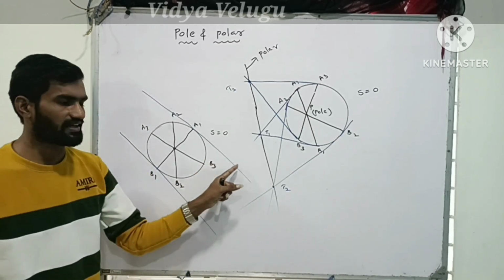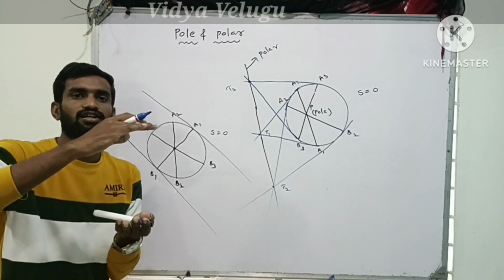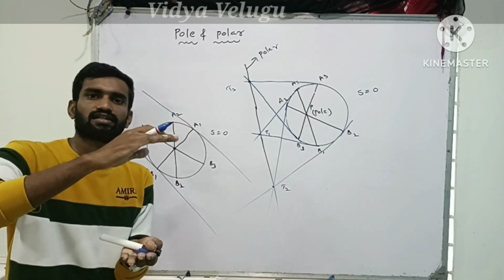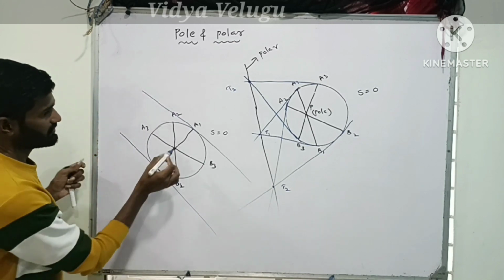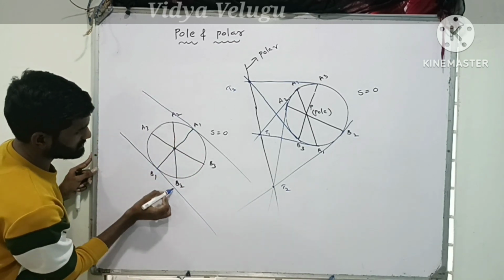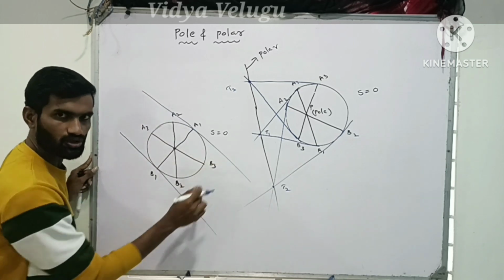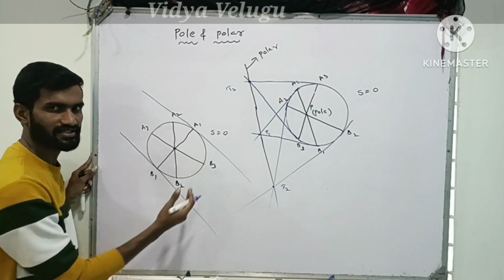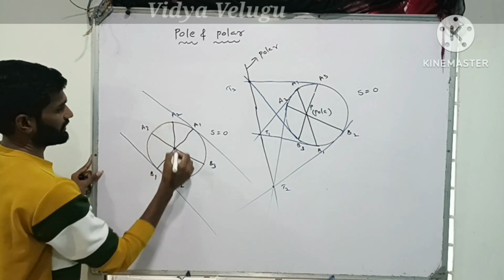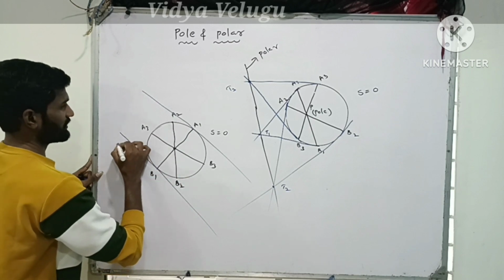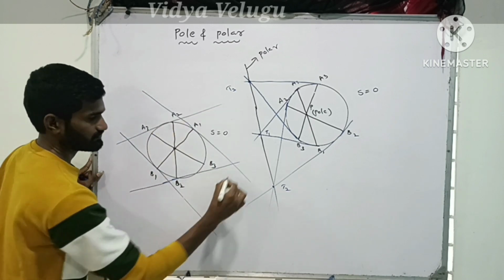These two will never intersect, because the tangents at the ends of a diameter do not intersect. This diameter is perpendicular to this tangent and also perpendicular to that tangent, so these two are parallel to each other. Similarly, if you take any two tangents at the ends of another diameter, these two also will never intersect.